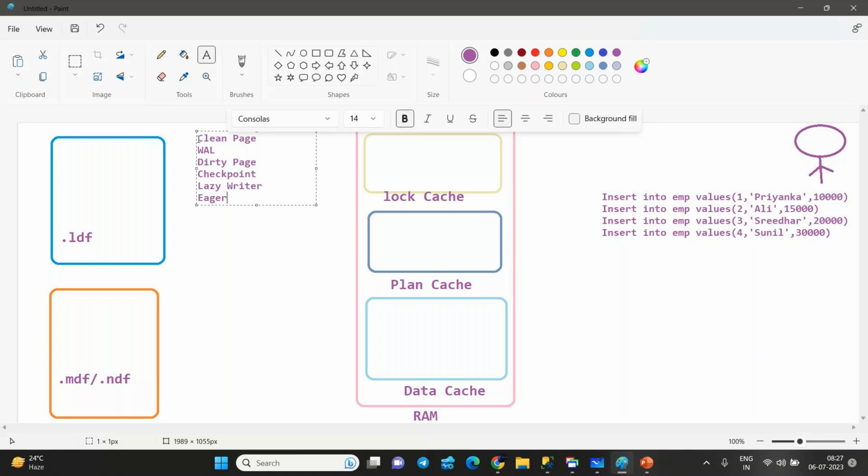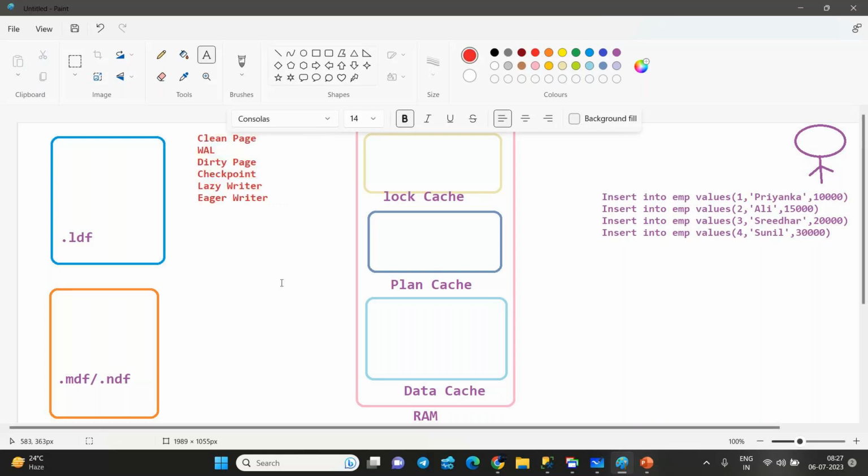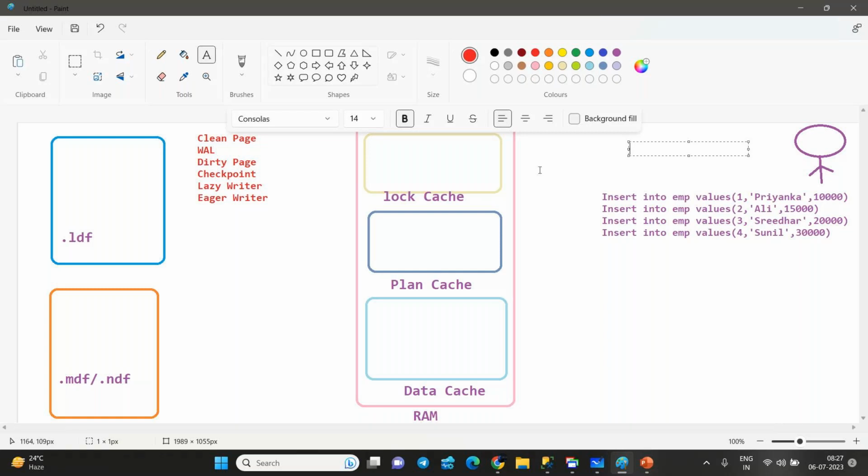All these concepts we are going to cover as part of today's session. We'll see them one by one. Stop me anytime in case you have any questions.